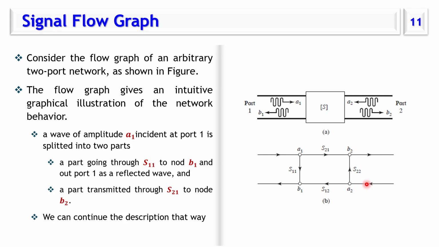Part of the signal launched in port 2 will be transmitted to port 1. Transmitted means going out of port 1, so it will go to B1. The value of this amount is S12. And we can tell the story about each branch and each node in the network the same way.